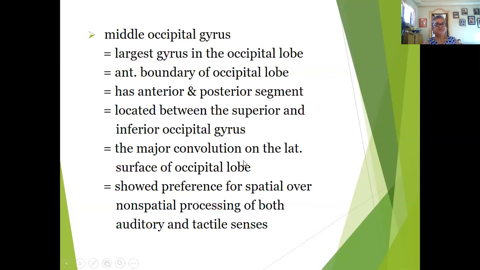The major convolution on the lateral surface of the occipital lobe will be seen in the middle occipital gyrus. This is shown to have preference for spatial over non-spatial processing of both auditory and tactile senses.